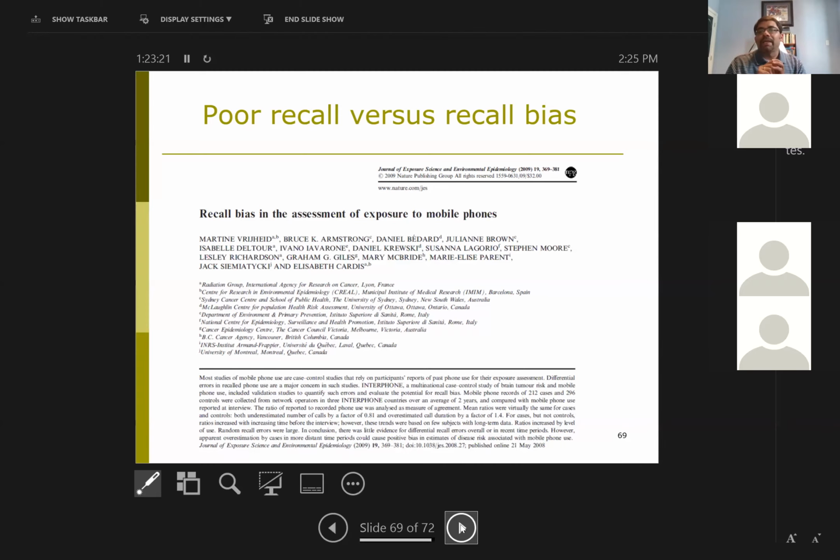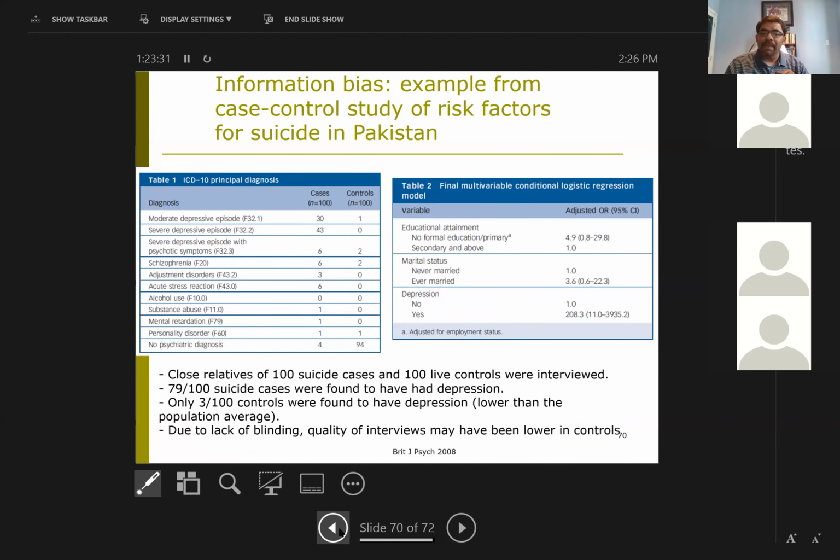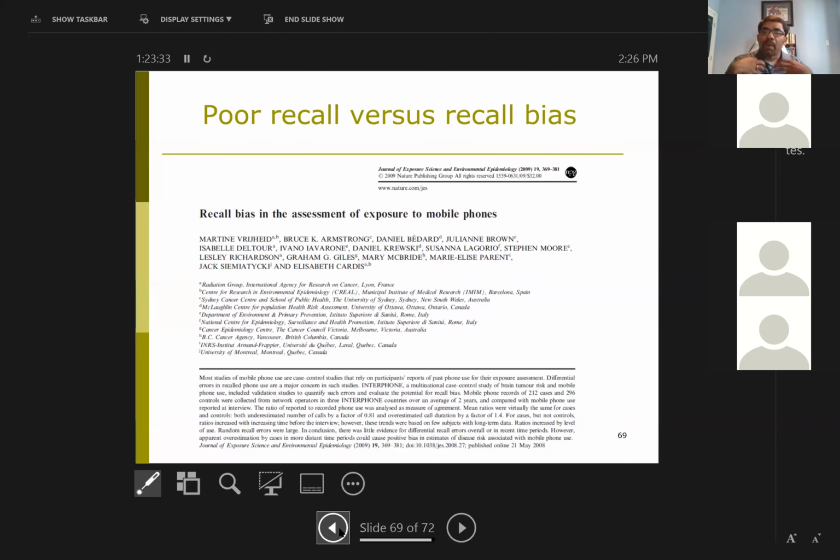But recall bias is a unique problem in a case control study where cases recall differently from the controls, right? And remember the discussion we had last time. If I'm a mom who just gave birth to a baby who has a major congenital problem, then my recall of what exposures I had during pregnancy will be very different if I just gave birth to a healthy baby, right?